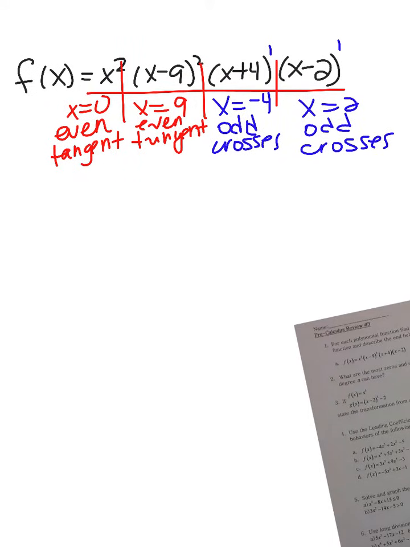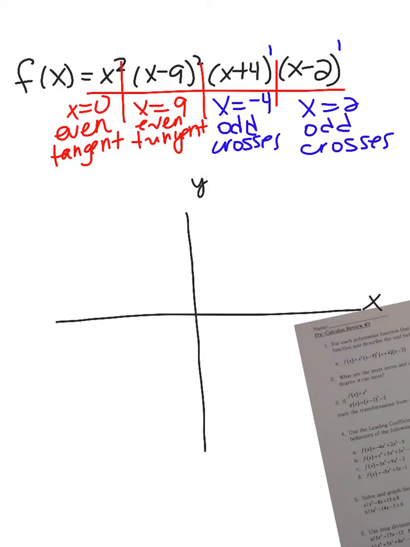All right, so let's take a look at what the graph would look like. So I need 0 on here, positive 9, negative 4, and positive 2.